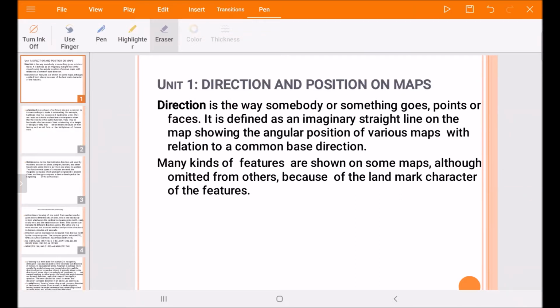A topographical map shows different geographical features at the same time, either natural or human-made. And the art, science and technology of modern map making is called cartography.